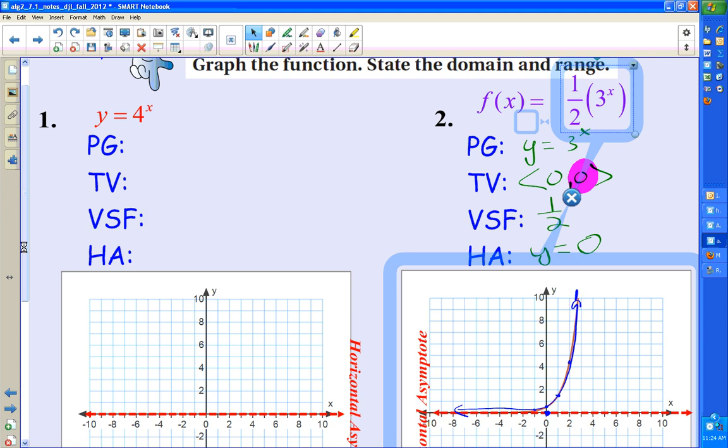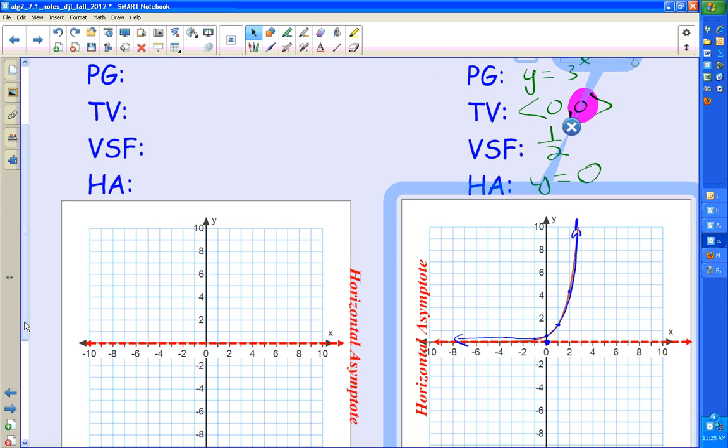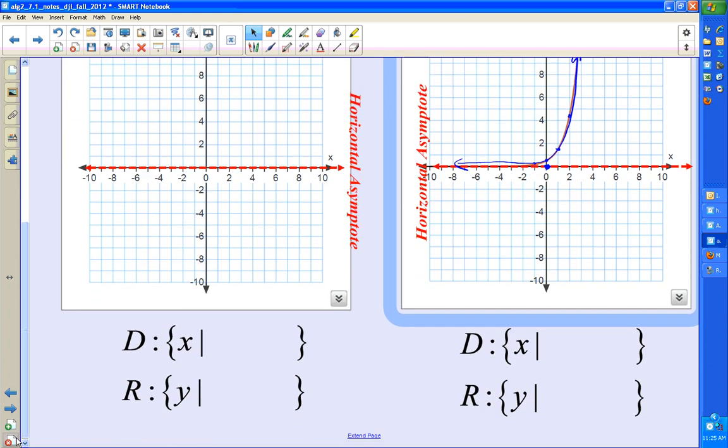Now what about your domain for this? What can't x be? X can be anything. So how do we say x can be anything? That's all reals. So we're going to go from negative infinity to infinity. What about your range?